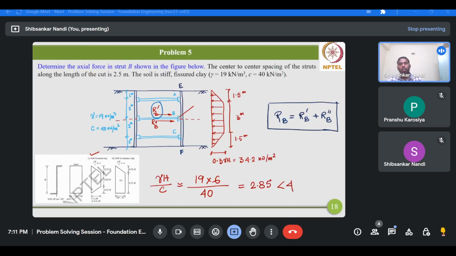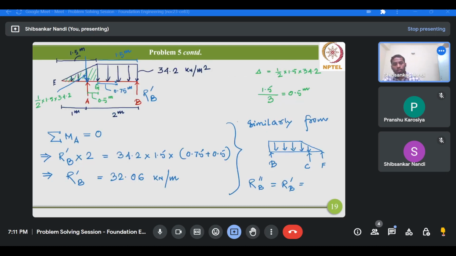The active earth pressure distribution is symmetrical with respect to strut B. Okay, so therefore it will be again 32.06 kilonewton per meter. So therefore RB should be a summation of these two values, RB prime plus RB double prime.